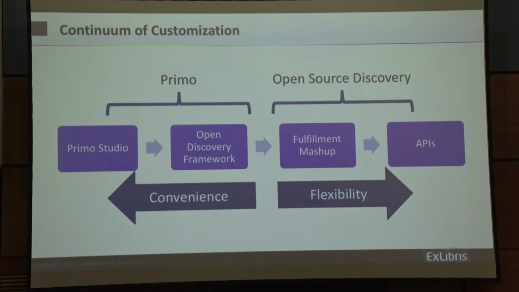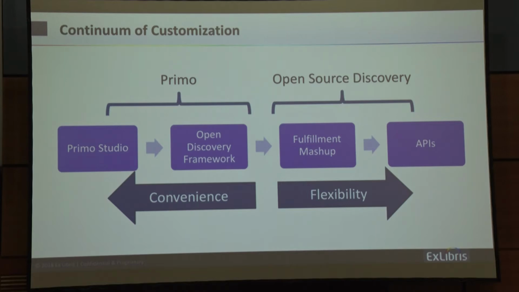So if my continuum is from the most amount of convenience and the least amount of technical effort required, on my left-hand side I can change colors and logos, and I can install other people's add-ons relatively easily.